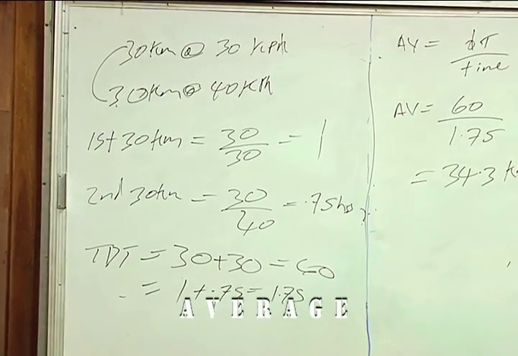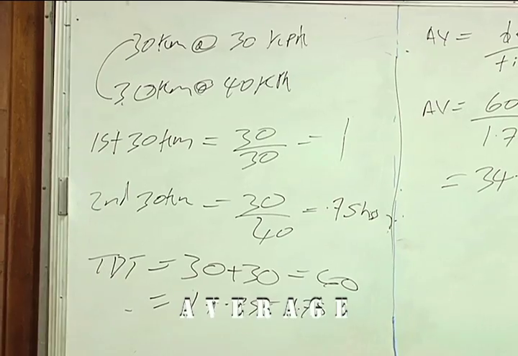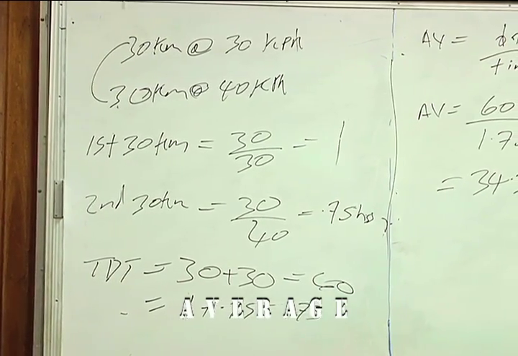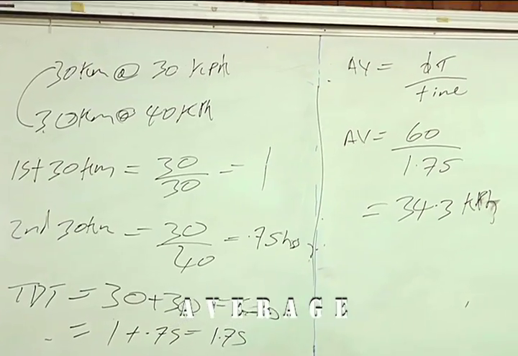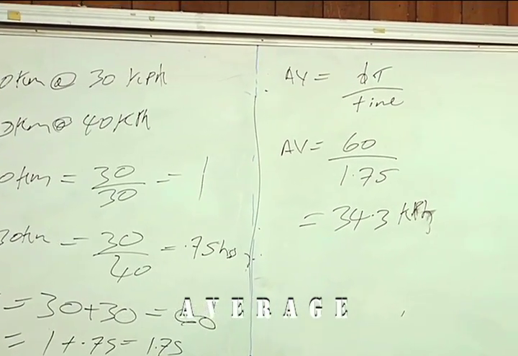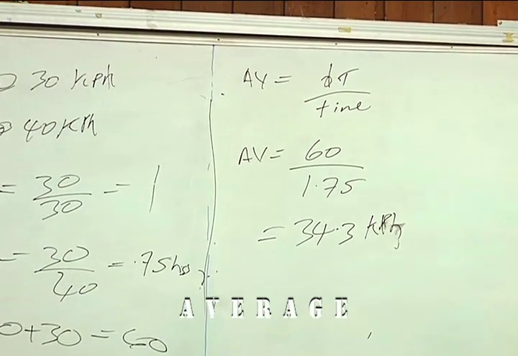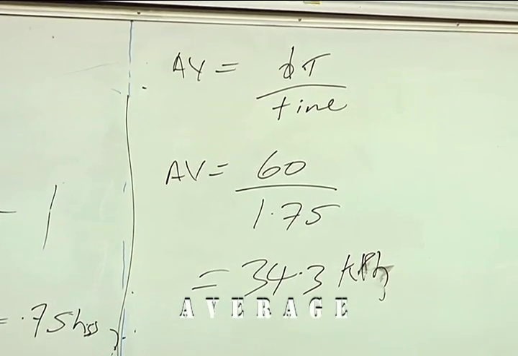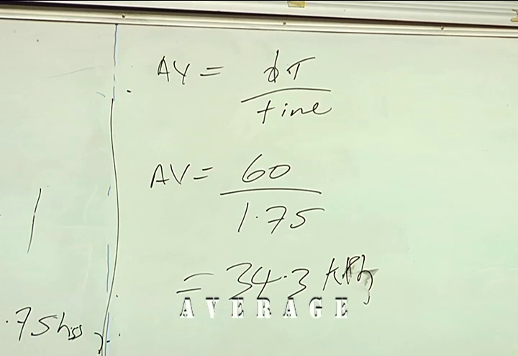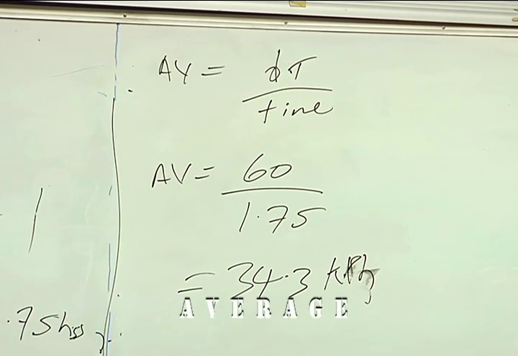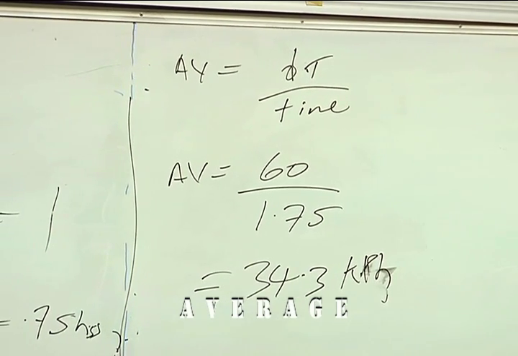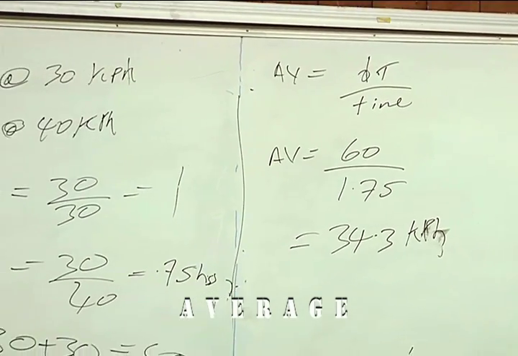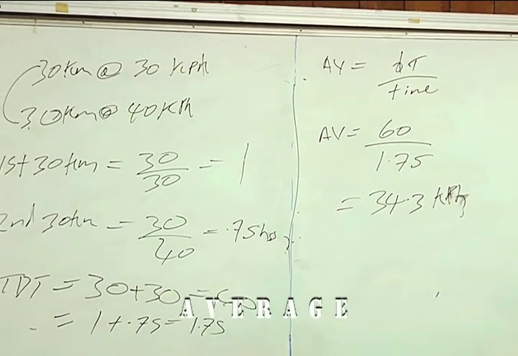Number 3. A train travels for 4 hours at an average speed of 64 km/h.